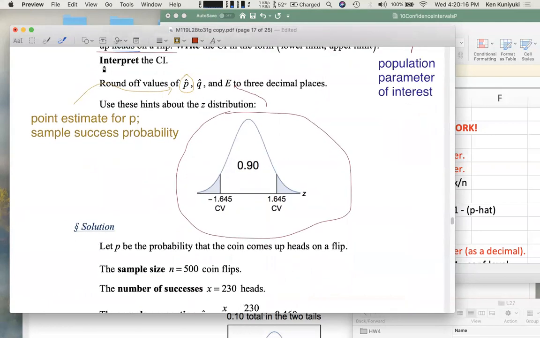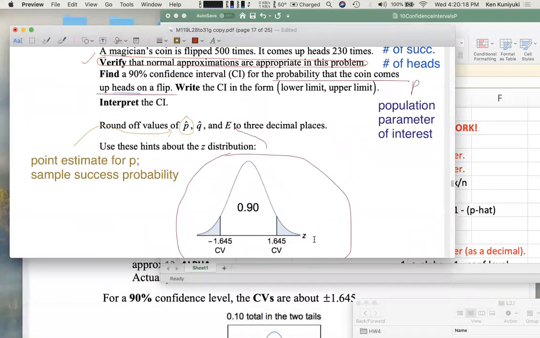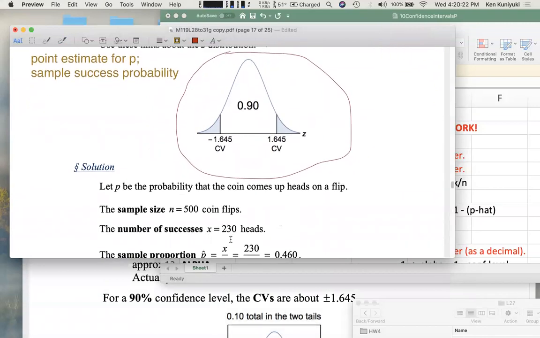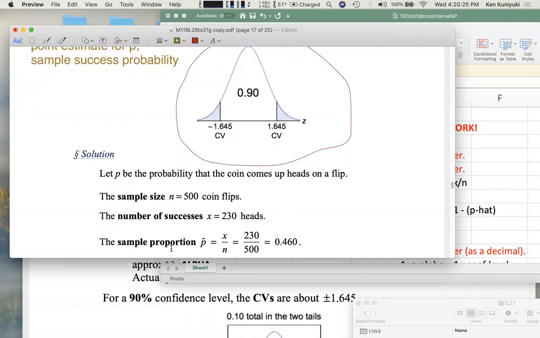Again, sample size is 500 coin flips. We have x or 230 successes or heads. The sample proportion p-hat is given by x over n. 230 heads out of 500 flips, 0.460. So we get heads 46% of the flips. On 46% of the flips, we got heads out of the 500 flips.